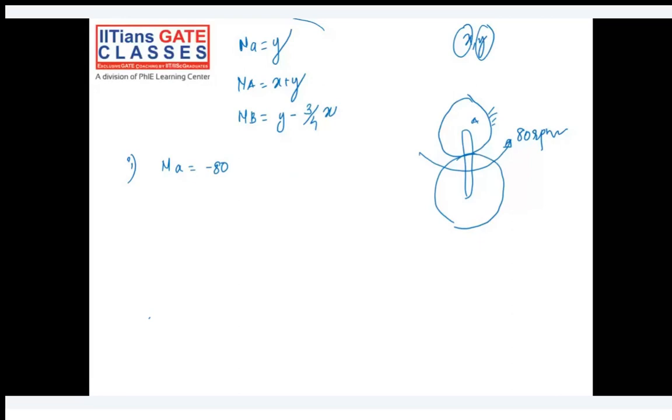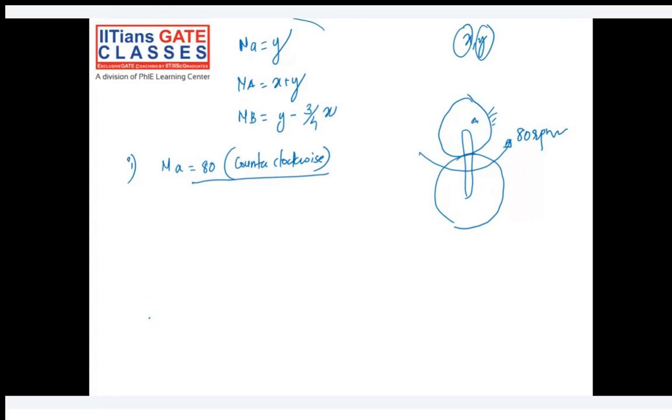Let's assume that minus stands for counterclockwise, or it's your choice. If you want to assume 80 counterclockwise as positive, you can just assume it as 80, but you should make sure that it is counterclockwise. If you get a negative answer, the direction is clockwise, and if you get a positive answer, the direction is counterclockwise. So your assumption here is positive for counterclockwise. If the answer is positive, the direction is counterclockwise. If the answer is negative, the direction is clockwise. Make it clear.